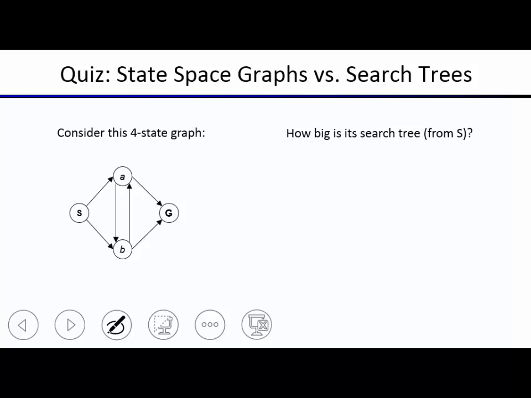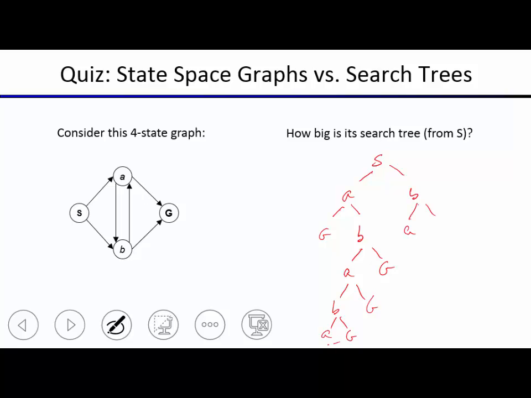Okay, we can actually try this out, right? You start at the start state. You could go to A or to B. From A, you could go to G, or you could go to B. From B, you could go to A, or you could go to G. A, you could go to B or to G. B, you could go to A or to G, and so forth. And then we haven't even started here.